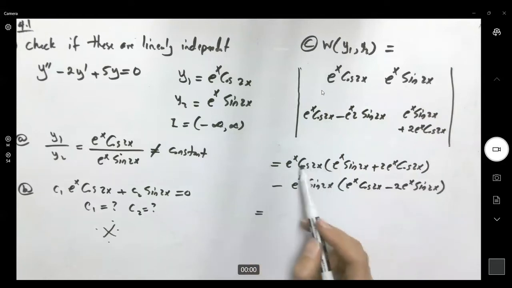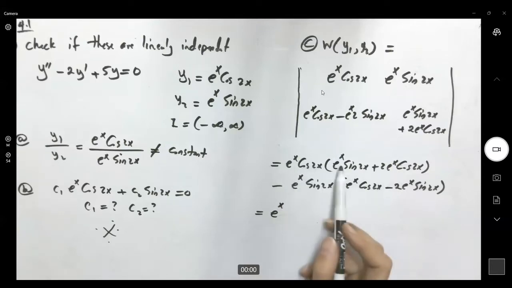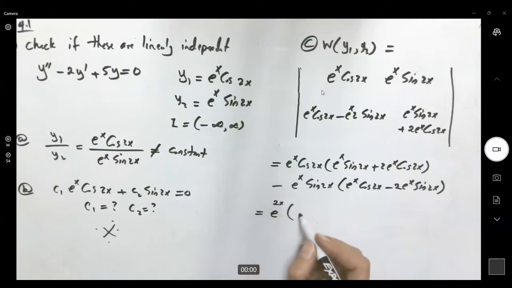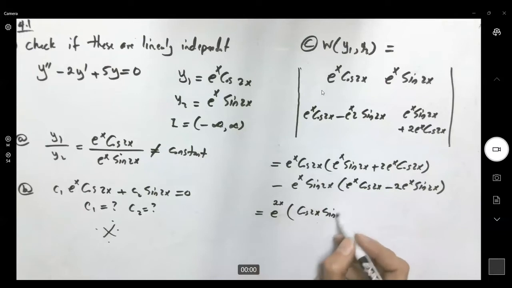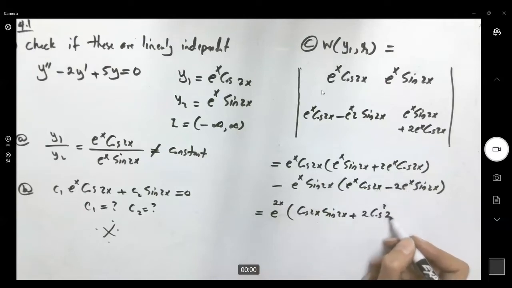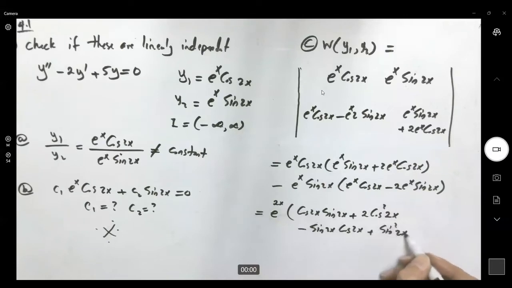Multiplying out, we get e to 2x, so let us factor out e to 2x. We get cosine 2x times sine 2x plus 2 cosine squared 2x, and minus sine 2x cosine 2x plus sine squared 2x.